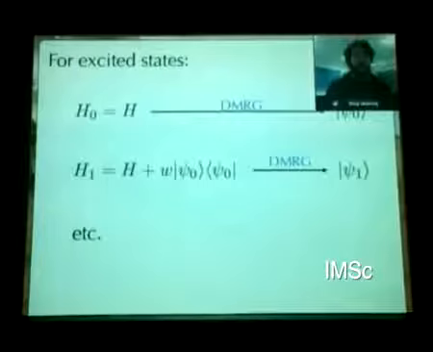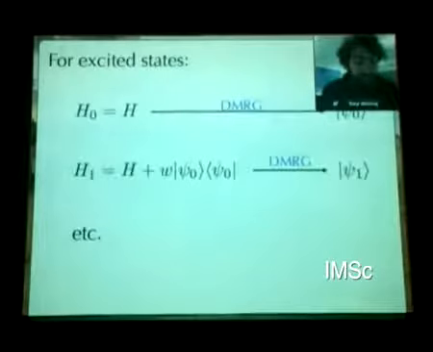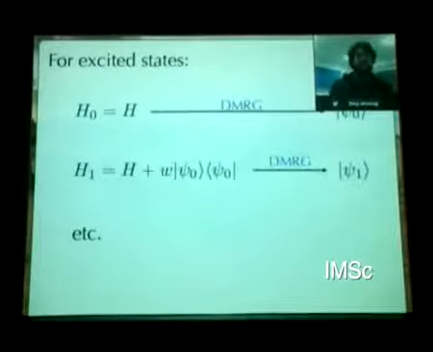What I said was, this is actually meant for obtaining the second lowest eigenvalue of the Hamiltonian H, and it is not optimized for the state psi 1.